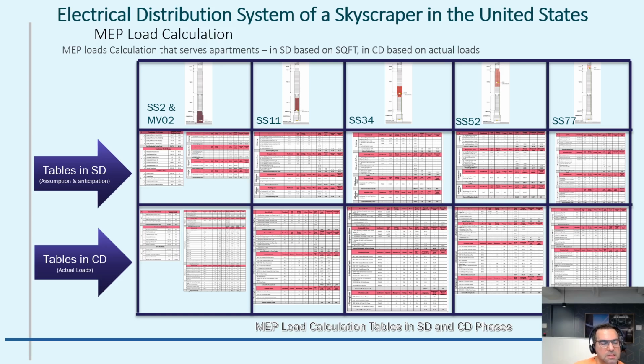Then in the later phase, we have the CD, construction document, where we have the actual equipment. When these two phases are equal, that means we did a good calculation initially in SD, and then in the later phase we don't need more space or changes for the electrical panels.